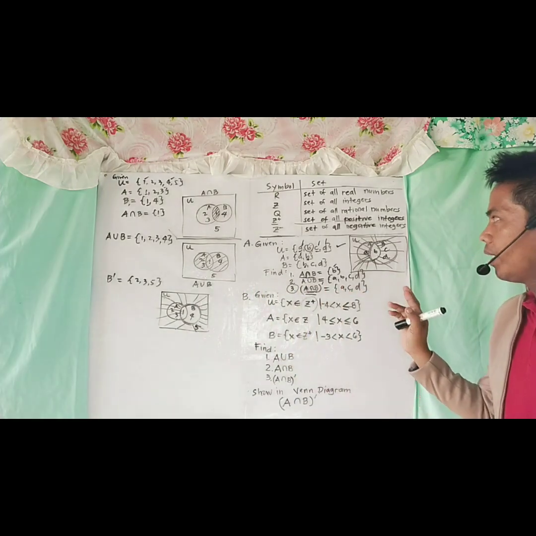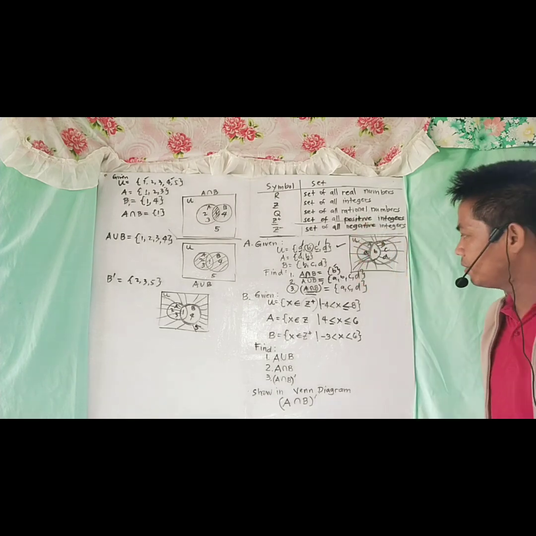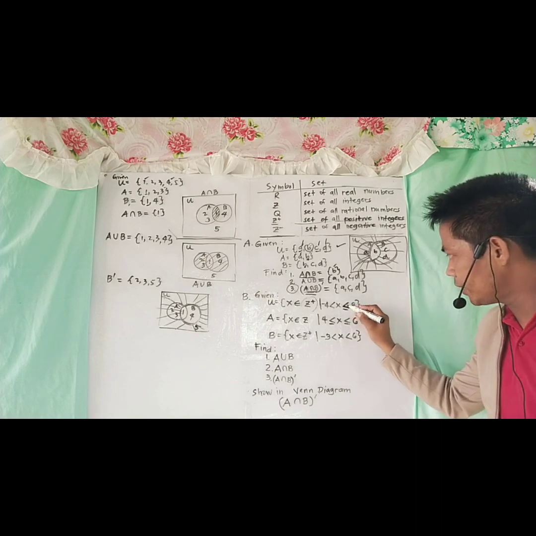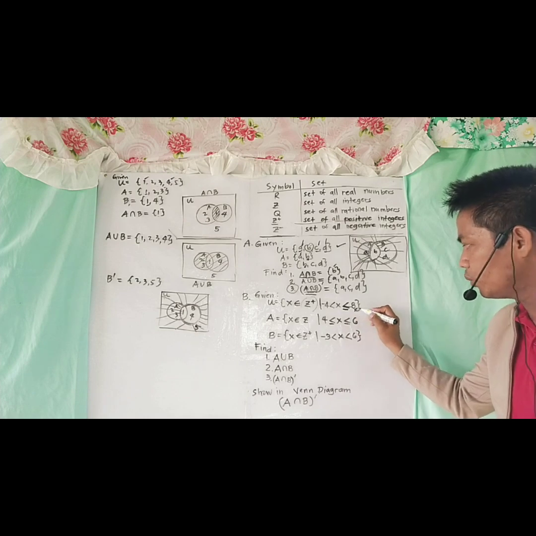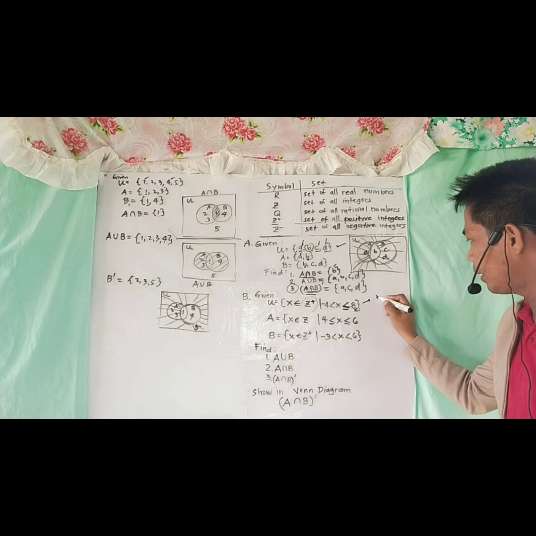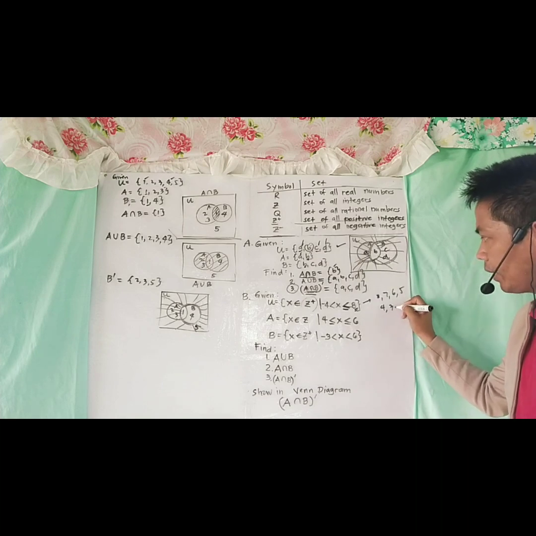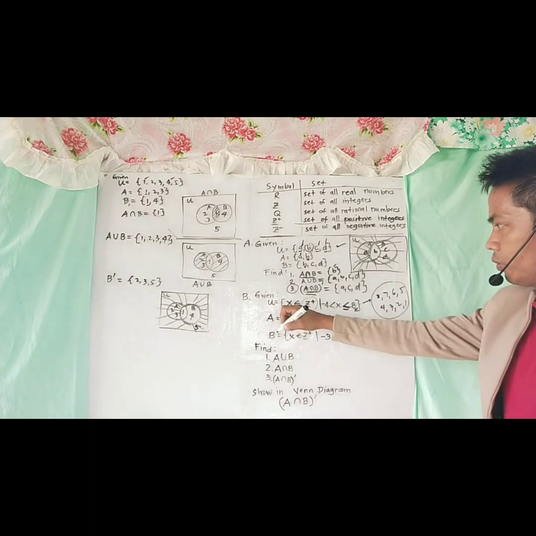Just focus on positive integers, or counting numbers. The condition is it must be less than or equal to 8. Therefore, 8 is included. So we have 8, 7, 6, 5, 4, 3, 2, 1. These are the possible elements of this universal set.